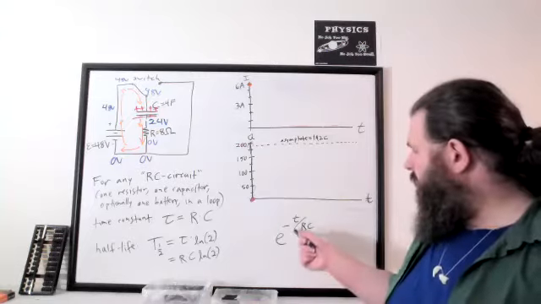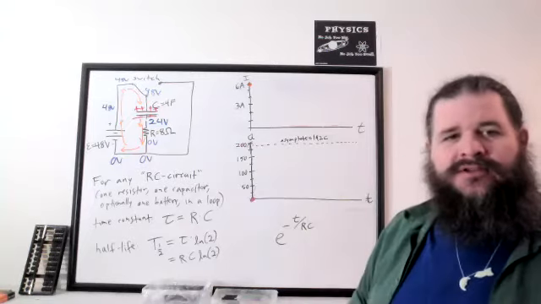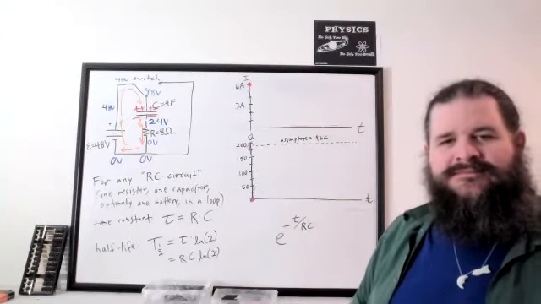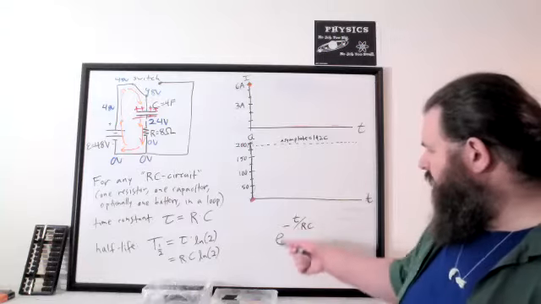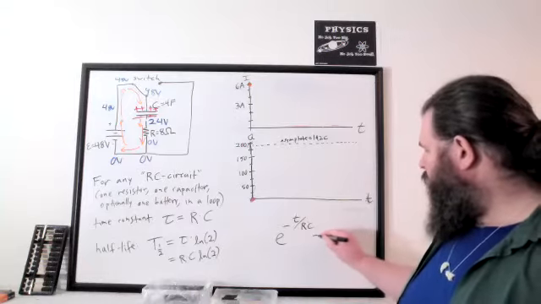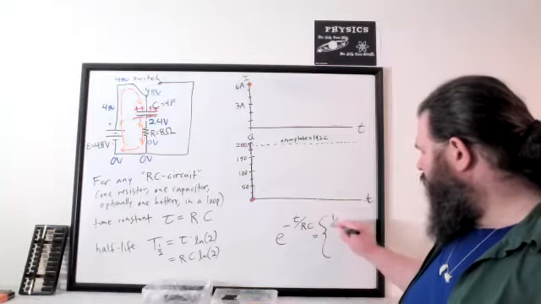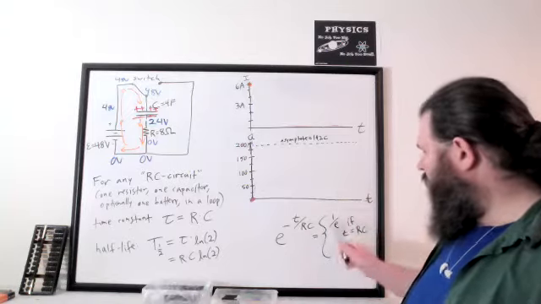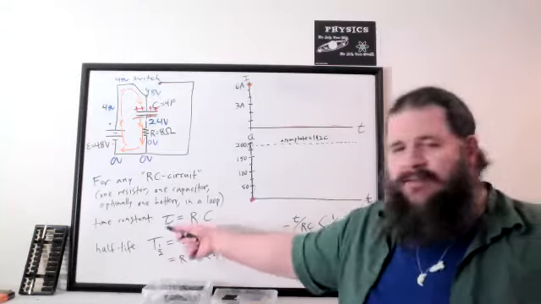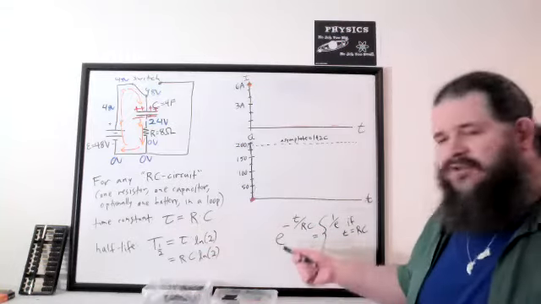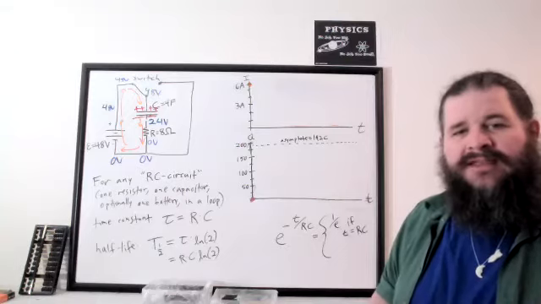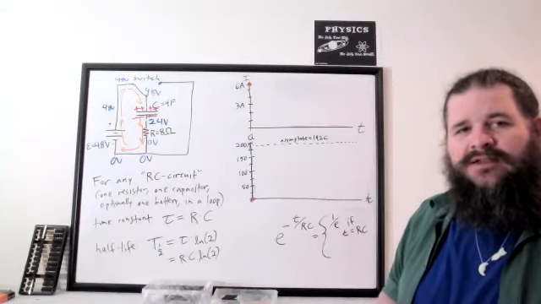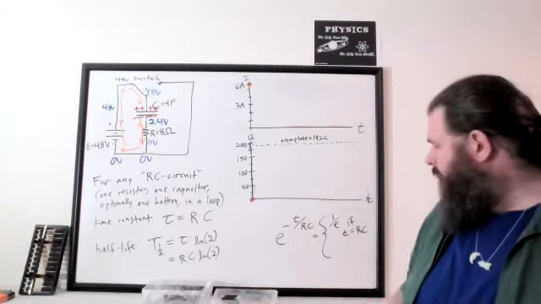What does that exponent become? Yeah, you just get e to the negative 1, which is 1 over e. So if T is the time constant, then this whole thing just becomes 1 over e. So that means at time RC, you'll get 1 over e of the original amount.